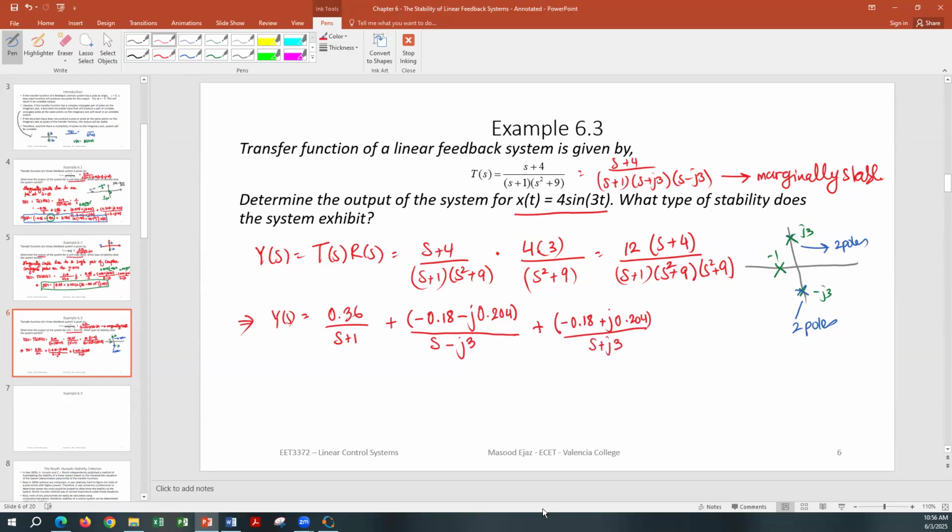Okay. And now I'm going to write down the second pair, with the power of positive j3 and negative j3.